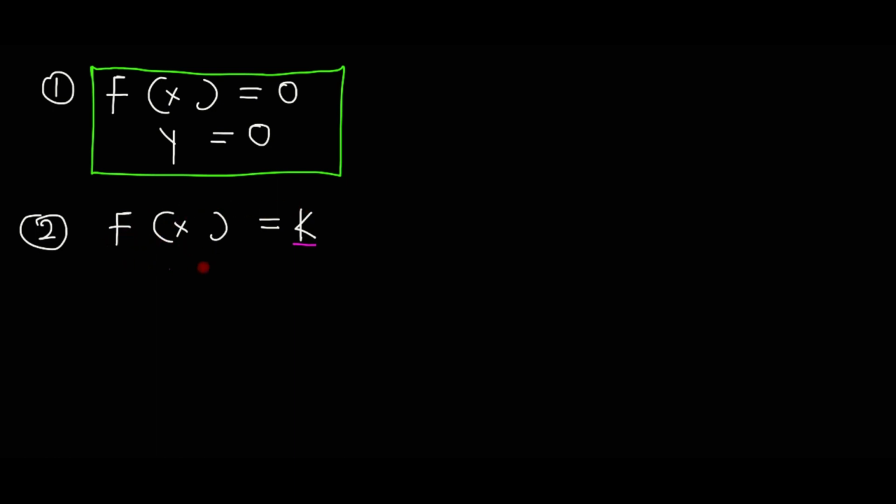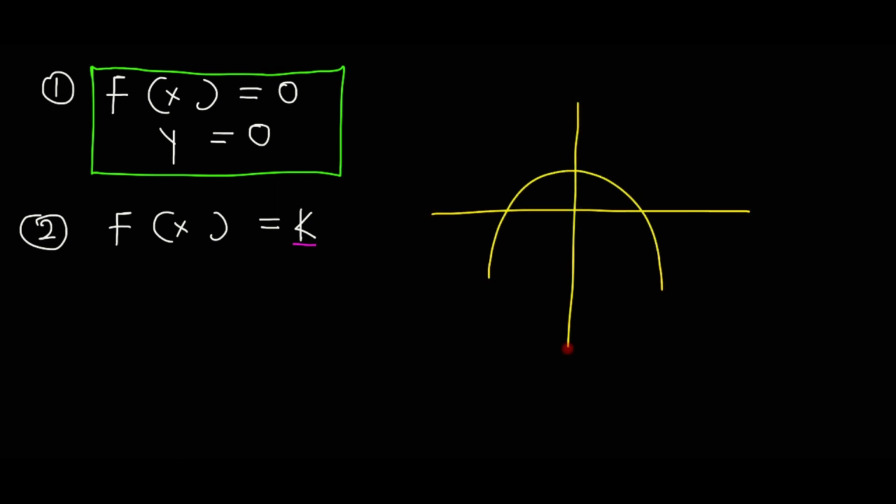So f(x) is equal to k, we are talking about a horizontal line, because we know that if you have a graph in this way, any line that passes here is y is equal to a constant.